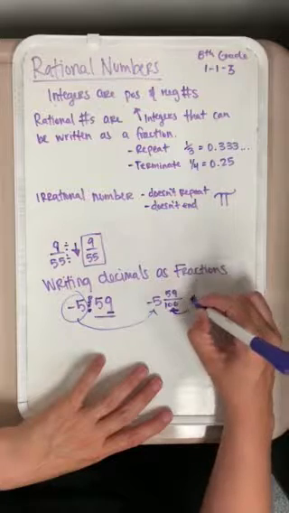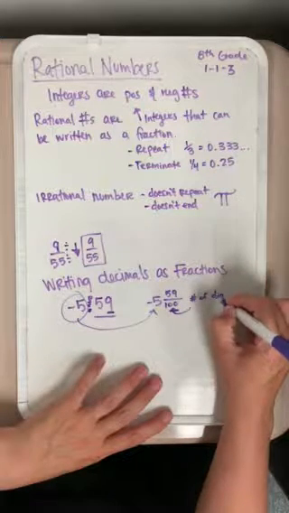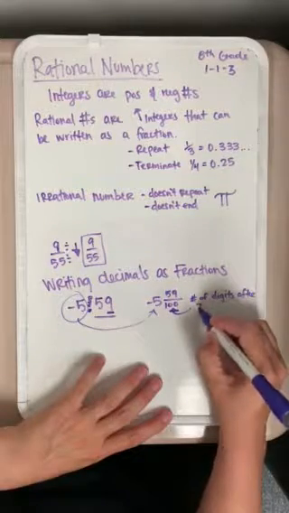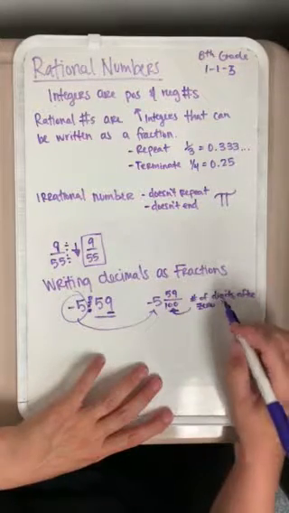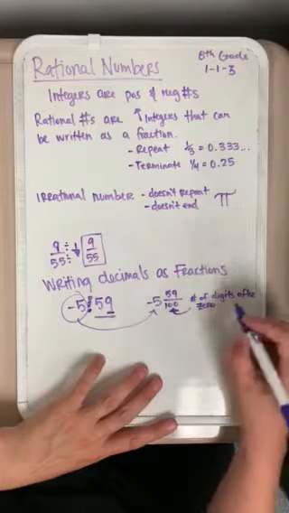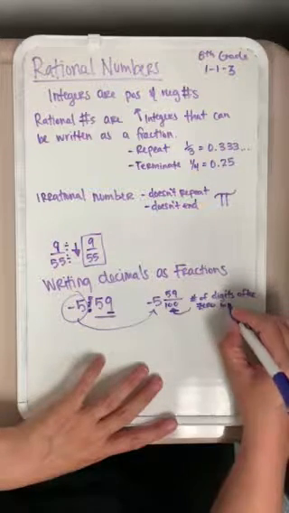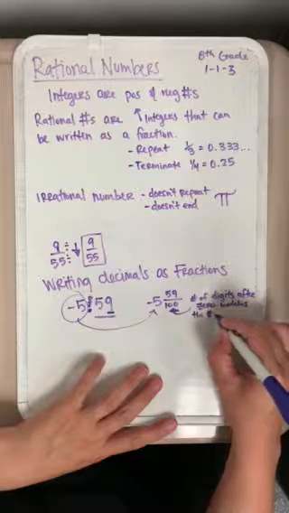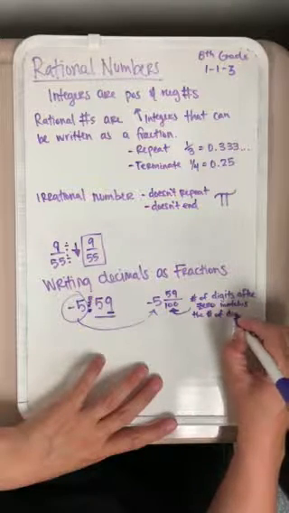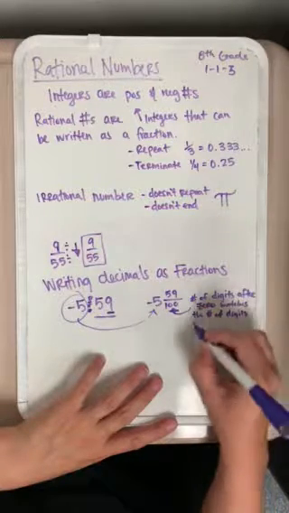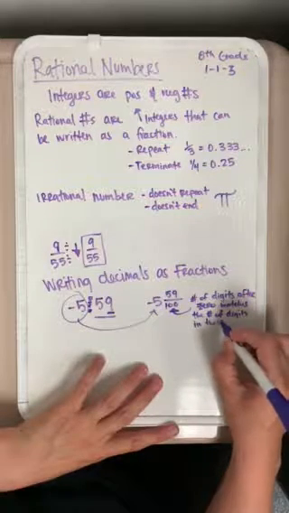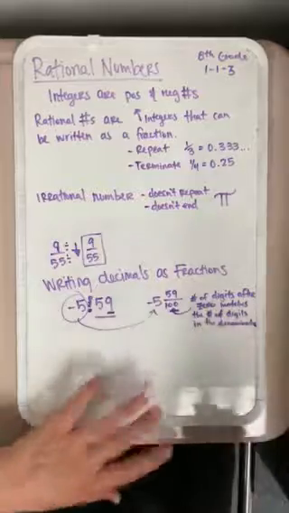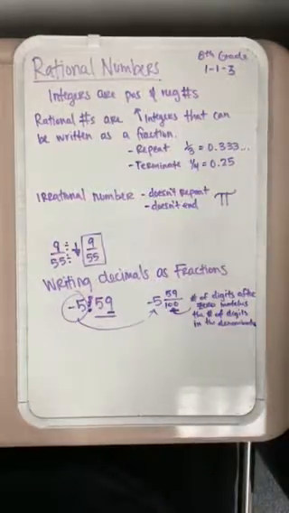So the number of digits after 0 matches the number of zeros in the denominator. Close enough.